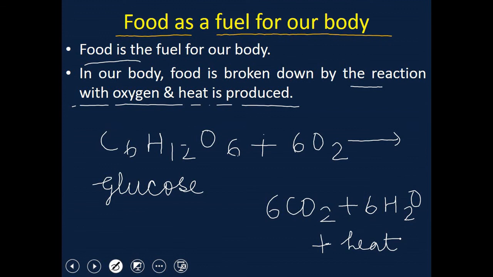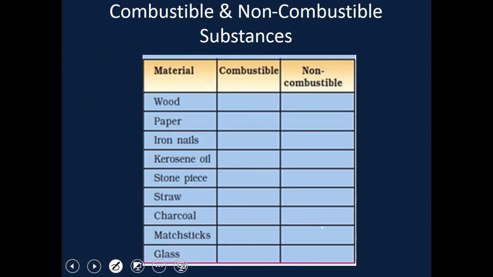The heat energy produced is utilized for our various processes, and the CO2 formed here is exhaled during respiration. I hope this point is clear to you. After that, I'm going to discuss combustible and non-combustible substances.